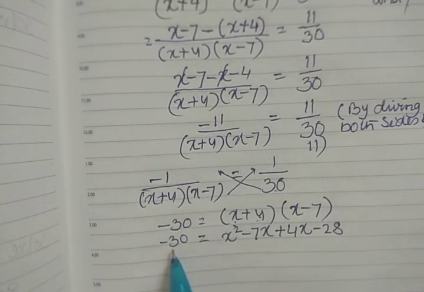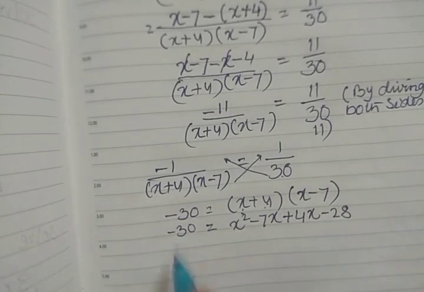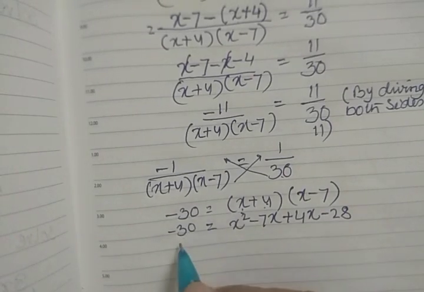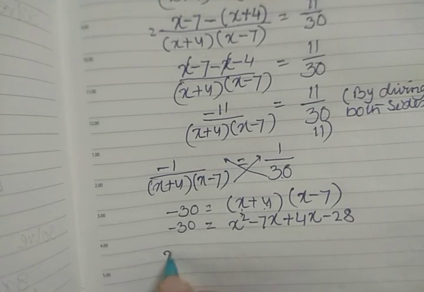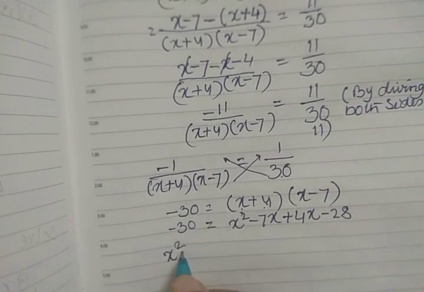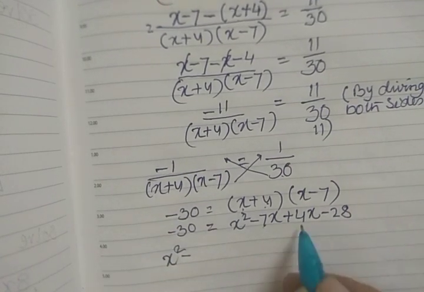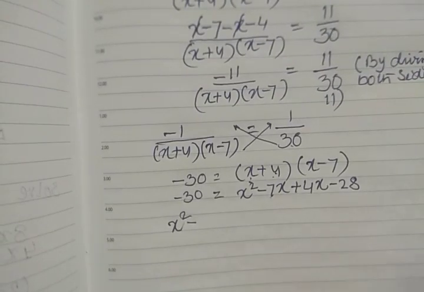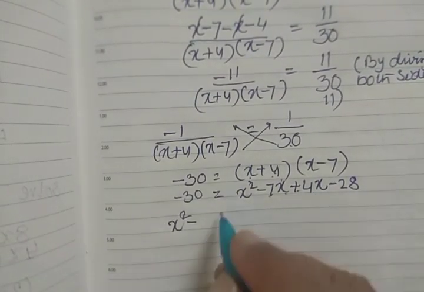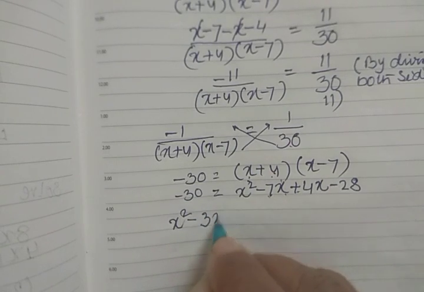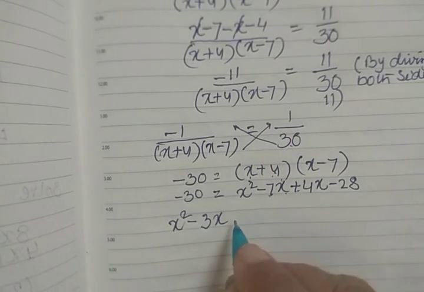So let us bring this minus 30 to this side. Then what happens? X square minus 7x plus 4x. That means minus 3x. Minus 28.